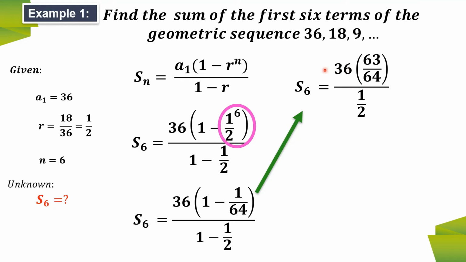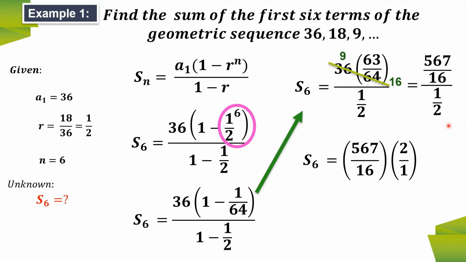We can cancel out the common factor of 36 and 64, which is 4. So 36 by 4 is 9, and 64 by 4 is 16. Then we can multiply the numerator, so 9 by 63 is 567 over 16 divided by 1/2. When we divide this fraction, we need to get the reciprocal of our denominator, which is 1/2.